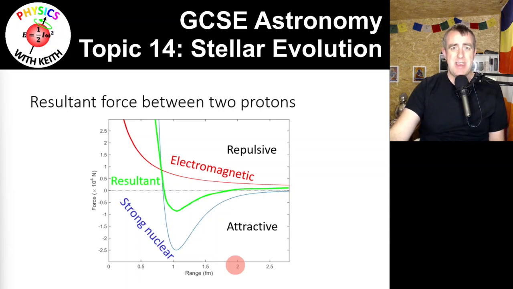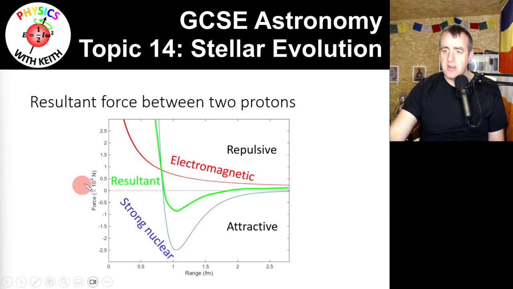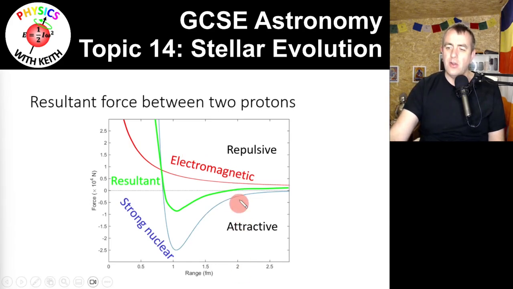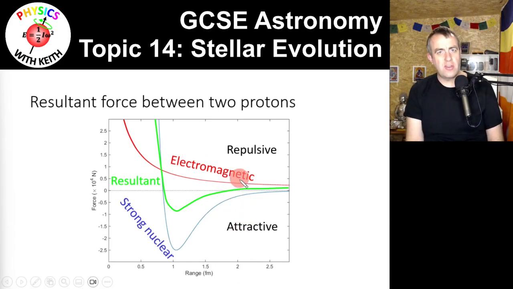Woof. When you've got that, you've actually got a tremendous force of repulsion between these protons. Look, it looks like 0.5-ish, but that's 0.5 times 10 to the power of 4. That's 5,000 newtons. 5,000 newtons of force acting on two protons.